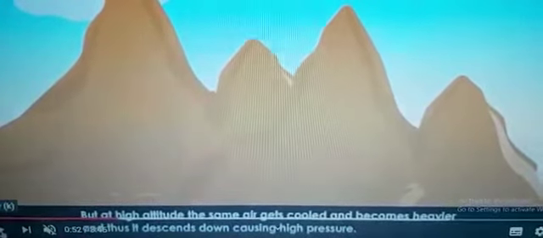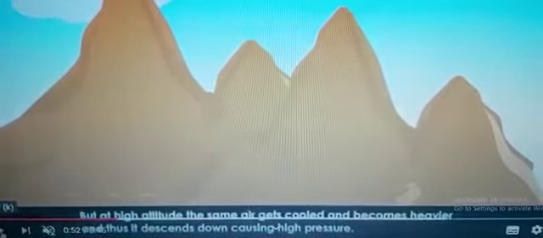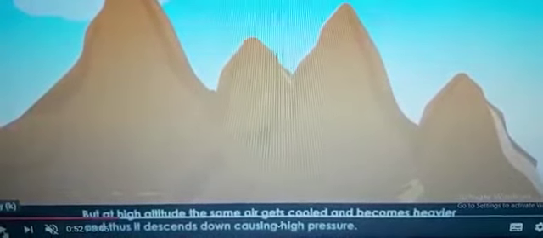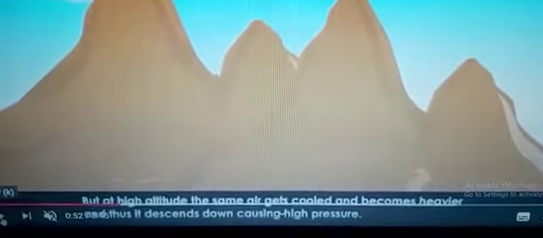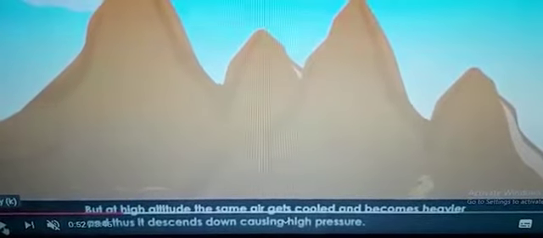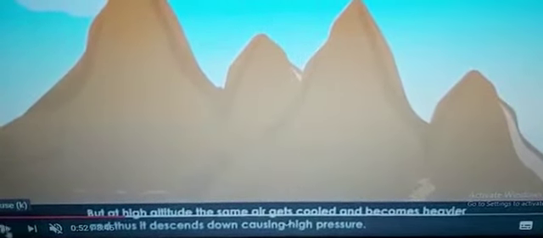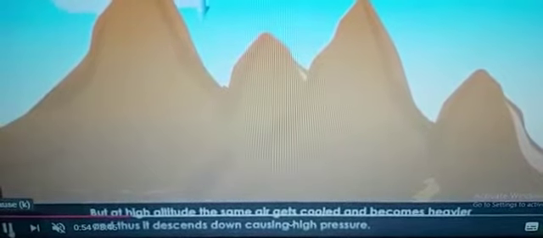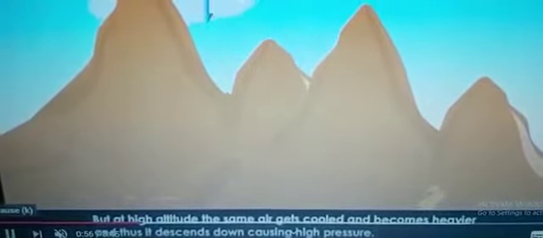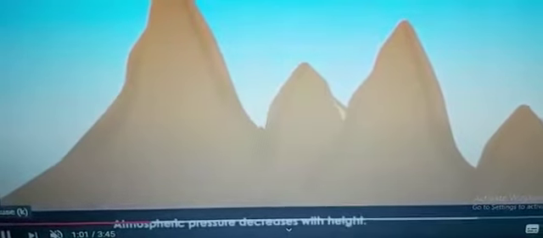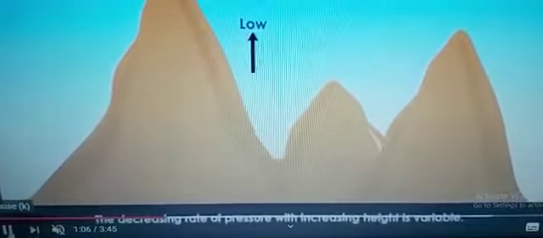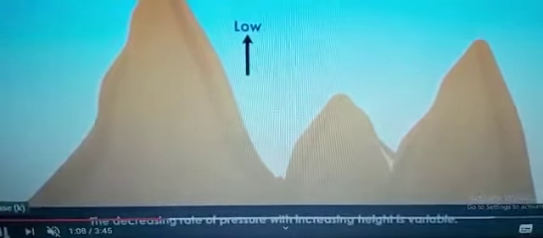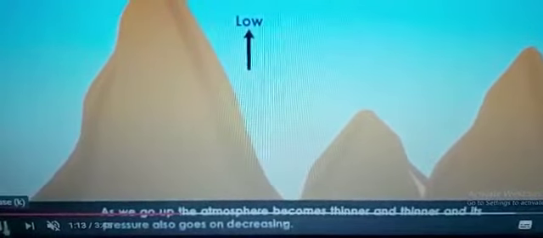Now children, the factors affecting atmospheric pressure. First is altitude. At high altitude, the air gets cooled and becomes heavier, so it comes down. So children, as we go higher, atmospheric pressure gets lower, and the atmosphere becomes thinner and thinner.